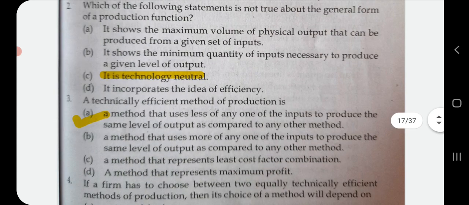Then third question is about a technically efficient method of production, and the answer is a method that uses less of any one of input to produce the same level of output as compared to any other method. A is the correct option.